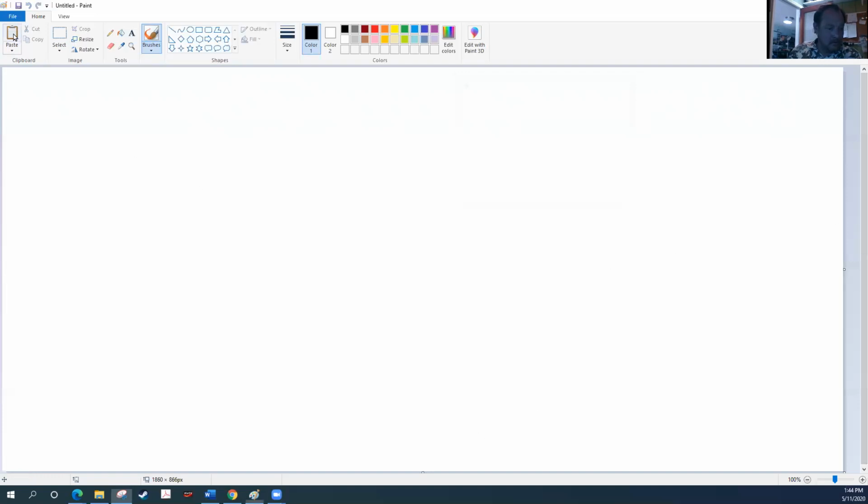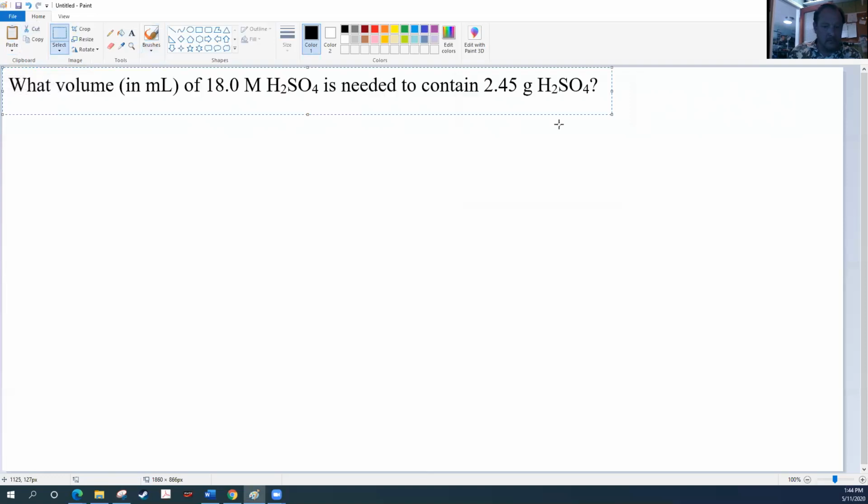Now, what is the volume in milliliters of 18 molar sulfuric acid needed to contain 2.45 grams of sulfuric acid?